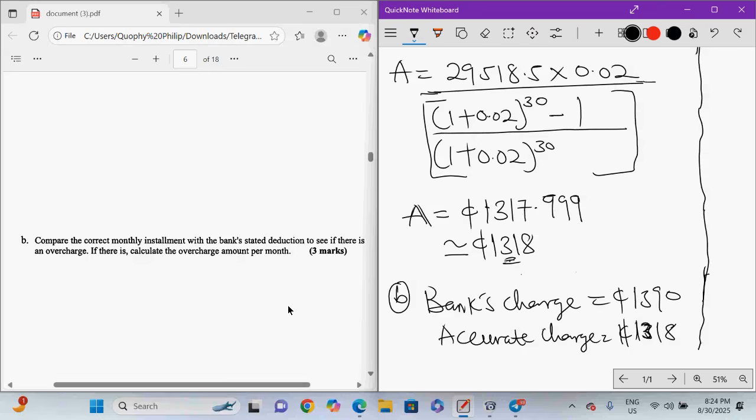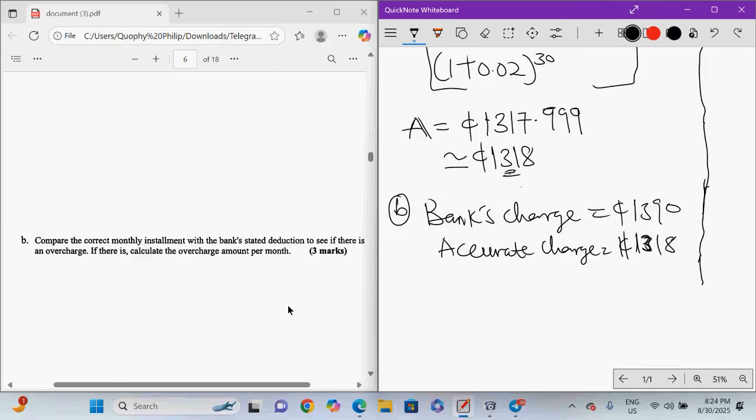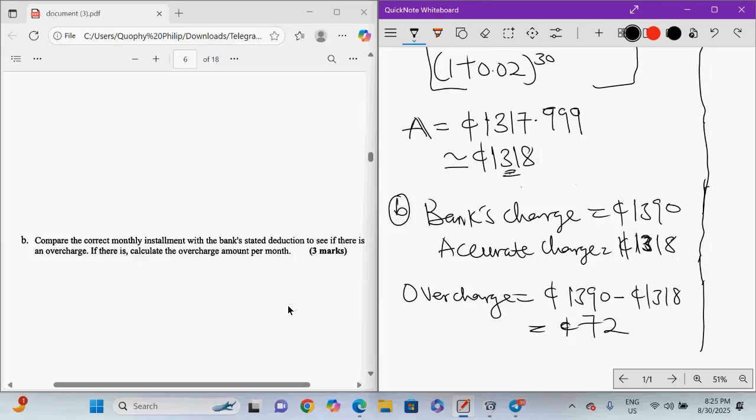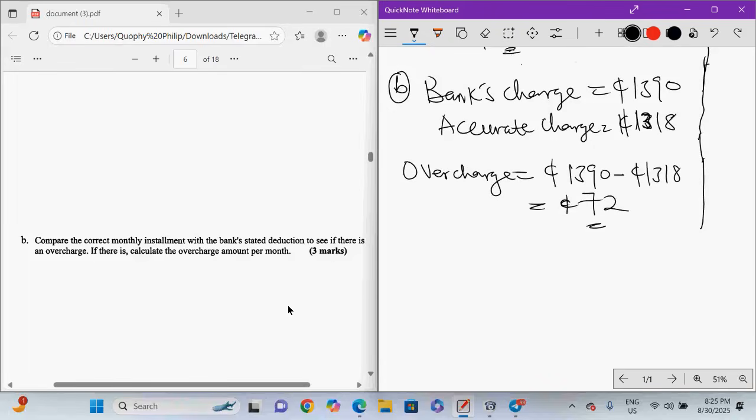So how much is the bank overcharging? What is the difference? 1,390 minus 1,318 gives us 72. So that is how much the bank is overcharging. All right.